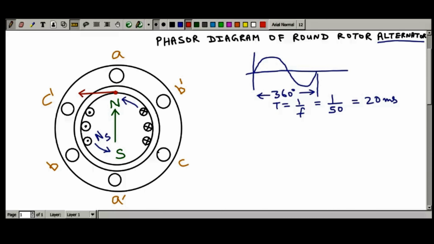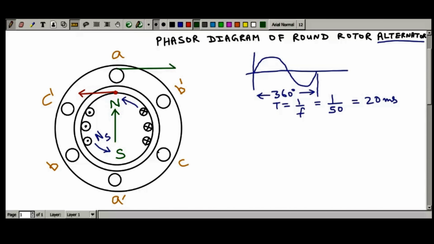Now what you have to imagine is that the rotor is stationary and the conductor is moving. You only imagine it, it is not actually happening. But since we want to apply Fleming's right hand rule, but here the field is moving, that's why we are modifying it. So you imagine that the rotor is stationary and the conductor is moving in a direction opposite to the rotor, that means in this direction.